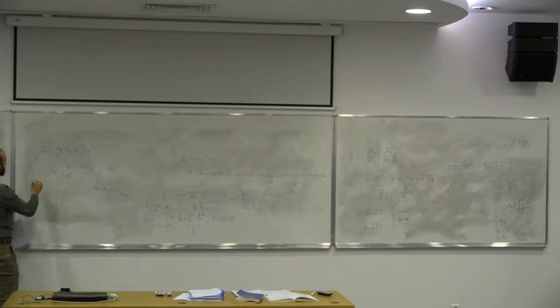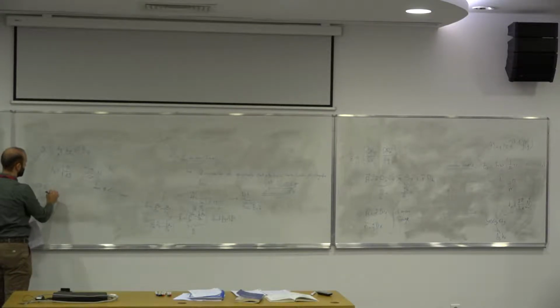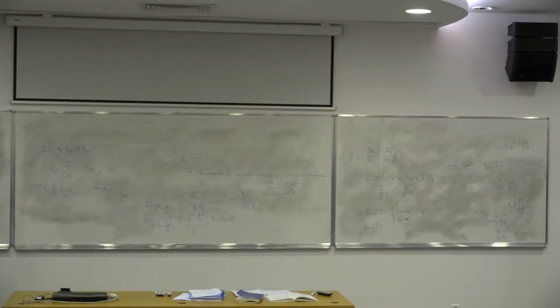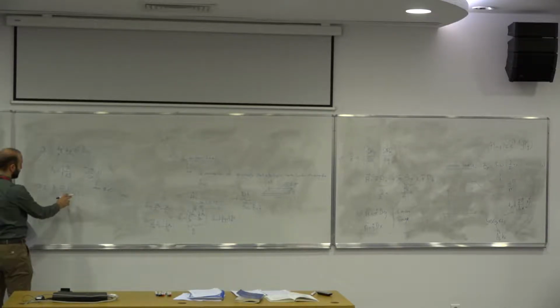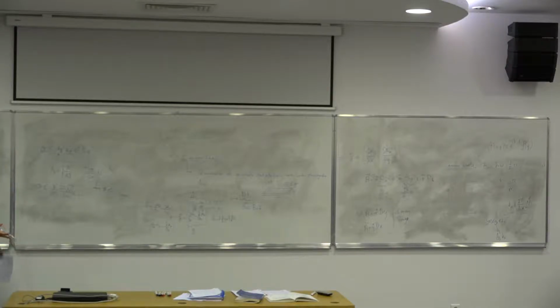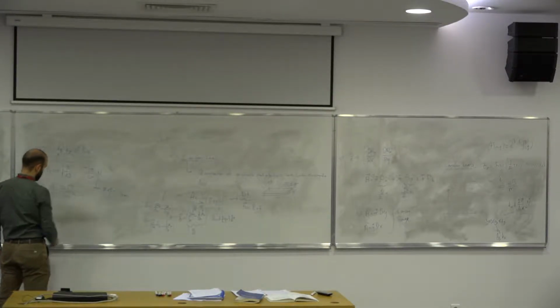Now, if I write everything like this, I'm going to have something like this. Then I'd like to find a bound for n, an upper bound for the number of electrons that I can put per state.